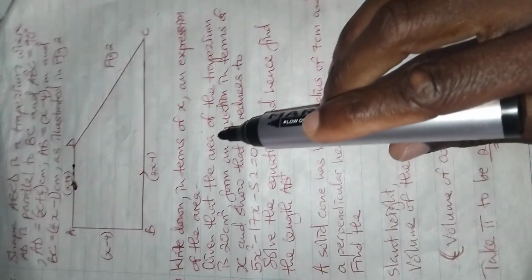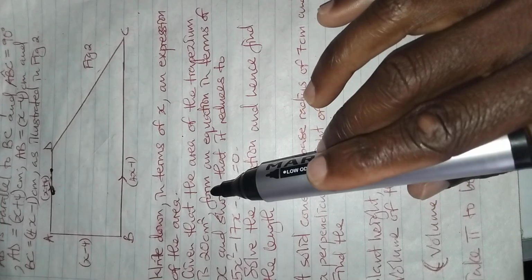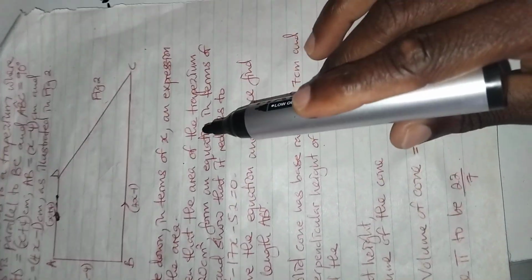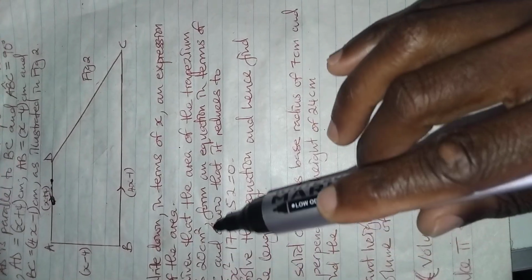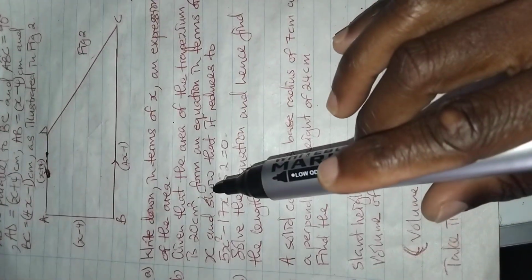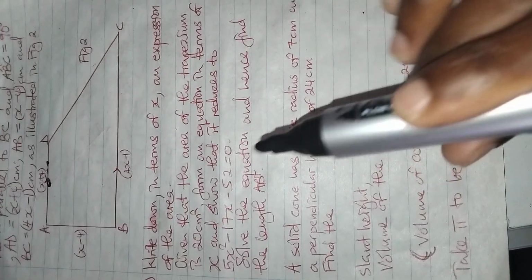Given that the area of the trapezium is 20 centimeters squared, form an equation in terms of x and show that it reduces to 5x squared minus 17x minus 52 is equal to 0.